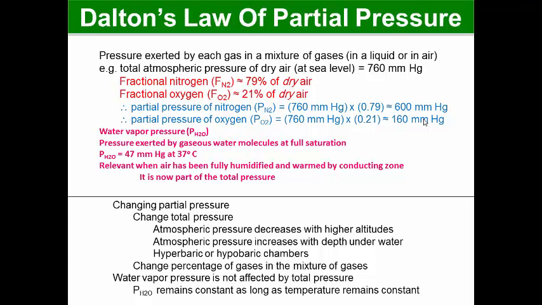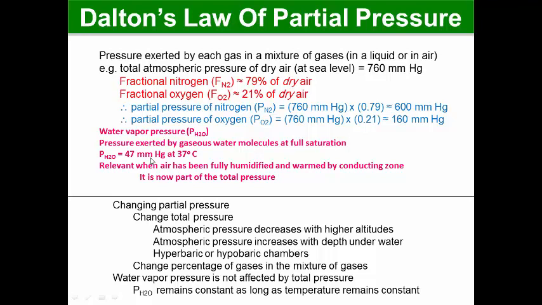So what should happen to this dry air? As this dry air flows along the conducting zone of the respiratory system, which begins with the nose and ends with the terminal bronchioles, air gets humidified, fully saturated with water vapor. So the pressure of the water vapor in the conducting zone is 47 millimeters of mercury.